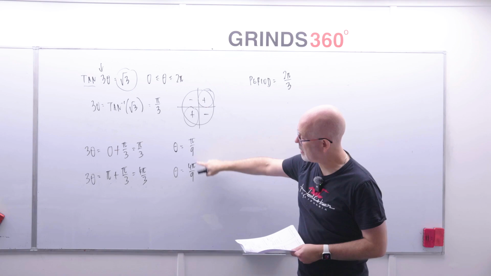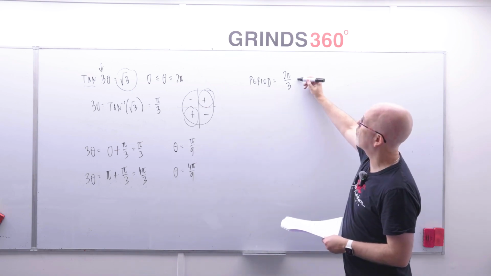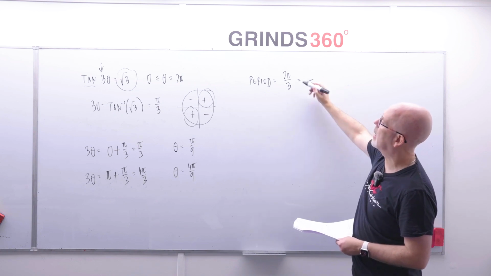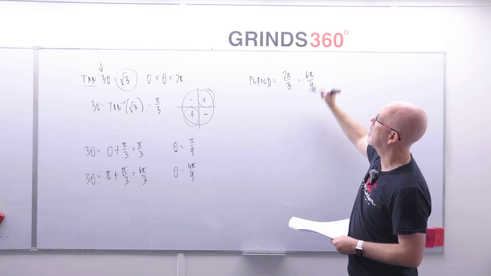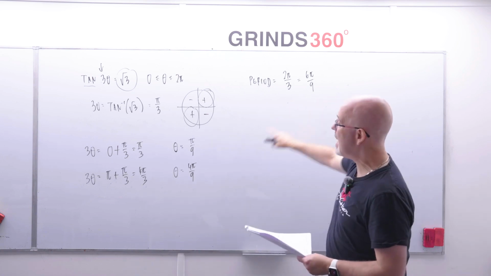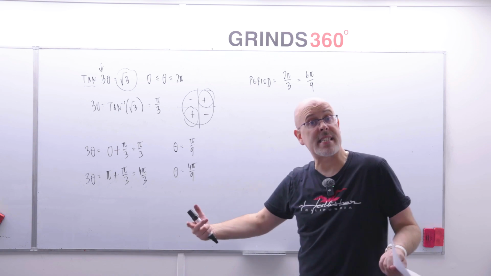Because the denominator is 9, I multiply top and bottom by 3, I get 9 below the line and 6 pi above. So 2 pi over 3 is the same as 6 pi over 9. That'll make adding the period to these numbers very easy because they've got the same denominator.